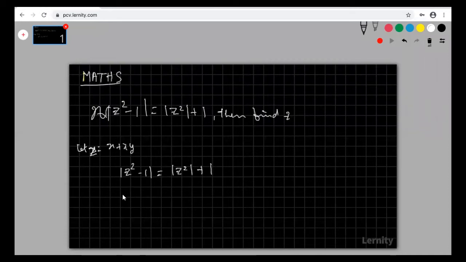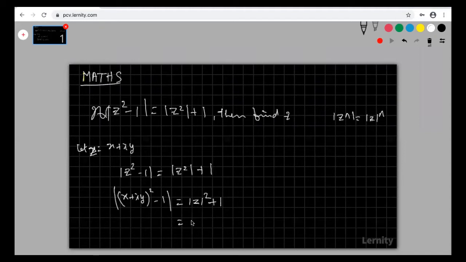So this is nothing but x plus iy the whole square minus 1. The general form of the complex number is x plus iy or a plus ib. We have the formula that modulus of z power n can be written as modulus of z the whole power n.